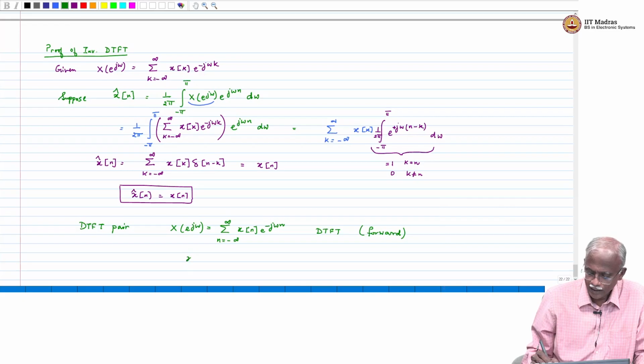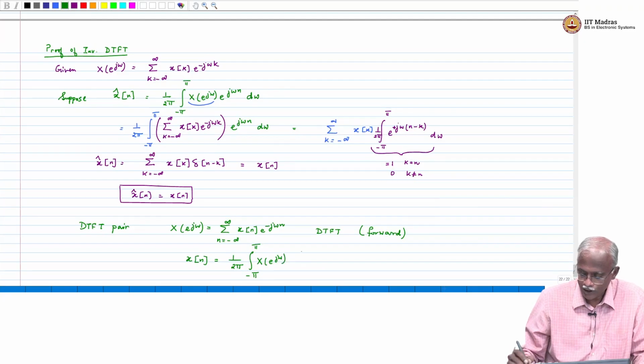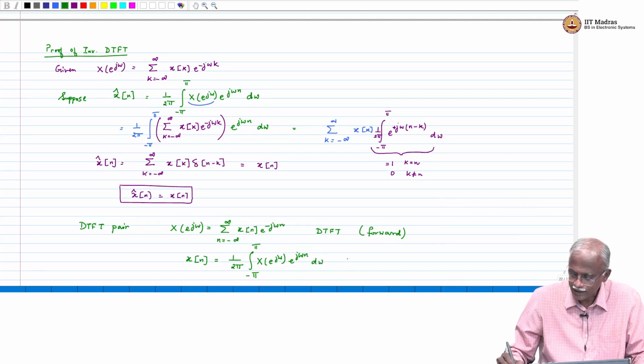And x of n is obtained as 1 over 2 pi integral minus pi to pi X e of j omega, as we have just now proved, e power j omega n d omega. This is the inverse DTFT or the inverse transform.